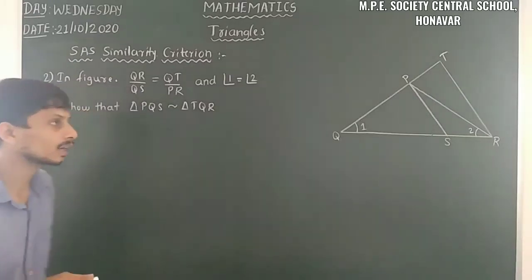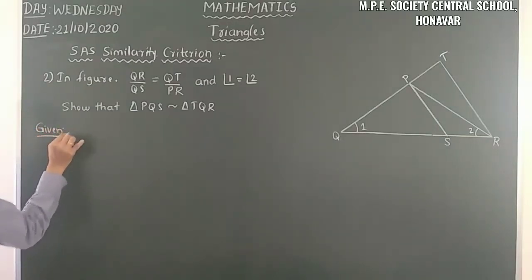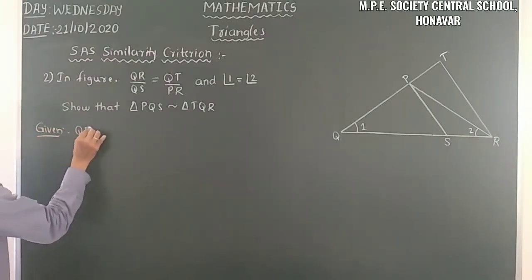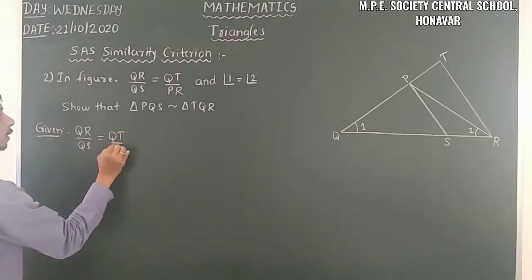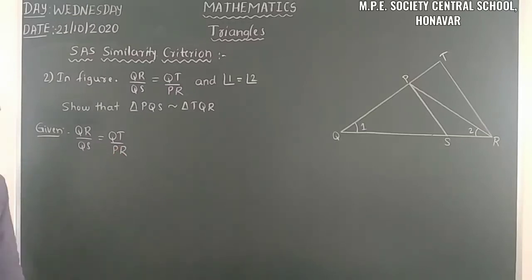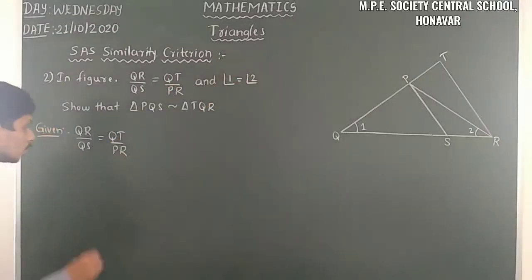Firstly we have to write the given terms. What terms can we use here? Given, QR by QS is equal to QT by PR, we can use that. Another given is angle 1 is equal to angle 2.